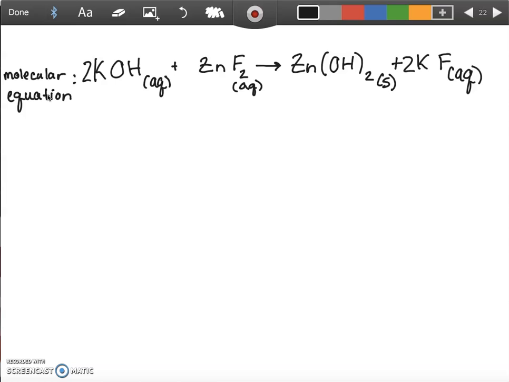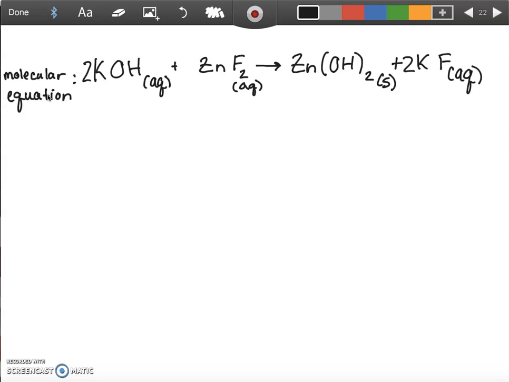Now that we know what our solid product is, we are going to need to break down this whole chemical equation so that we can only keep the parts that show up and make this zinc 2 hydroxide here. First things first.